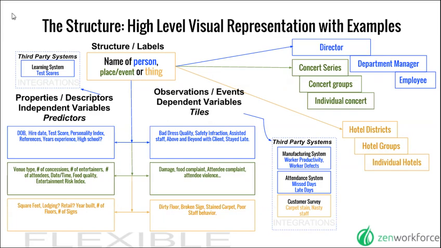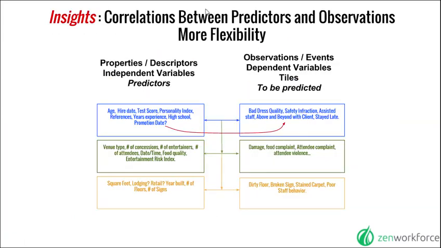So how do we gain insights from all the data that's stored, and what are insights? Well, let's look at this diagram in a different light. Insights are correlations between predictors and observations.